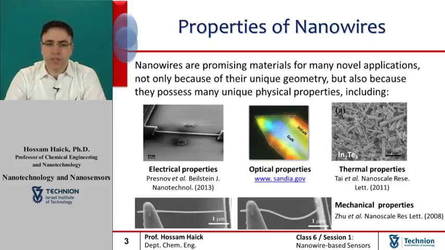In a few instances, nanowires possess thermoelectric power, also called the Seebeck coefficient, namely a measure of the magnitude of the induced thermoelectric voltage in response to a temperature difference across the material.